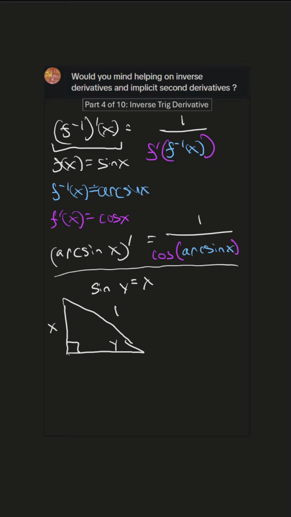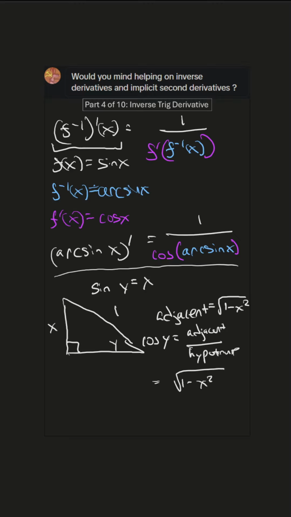Now we can use the Pythagorean theorem to find the adjacent side. So adjacent equals square root of 1 minus x squared. So cosine of that same angle, cosine y, equals adjacent over hypotenuse, and that equals square root of 1 minus x squared.